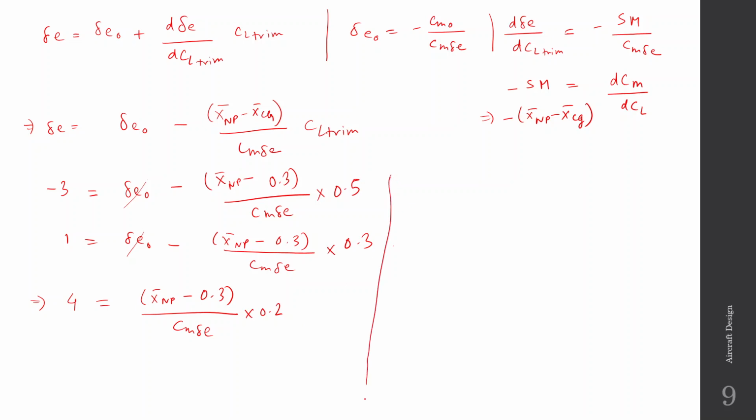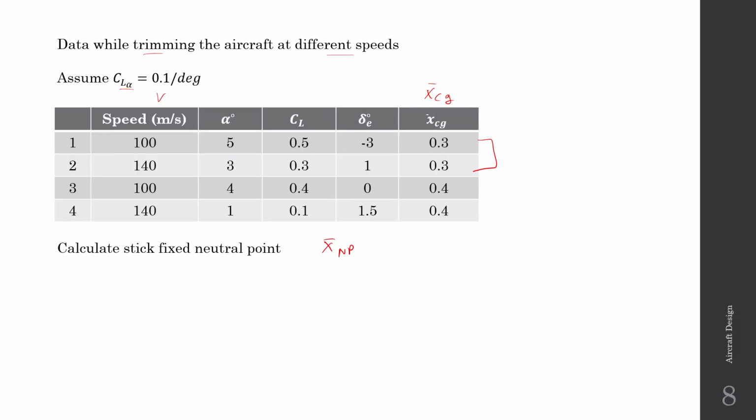Now we'll similarly do for the next two rows and we'll get another value. For the next two rows we have delta E 0 and 1.5.